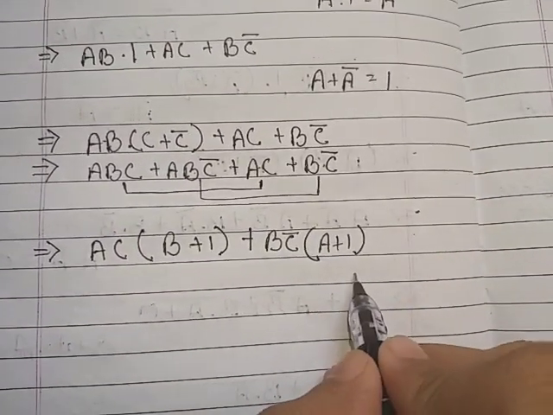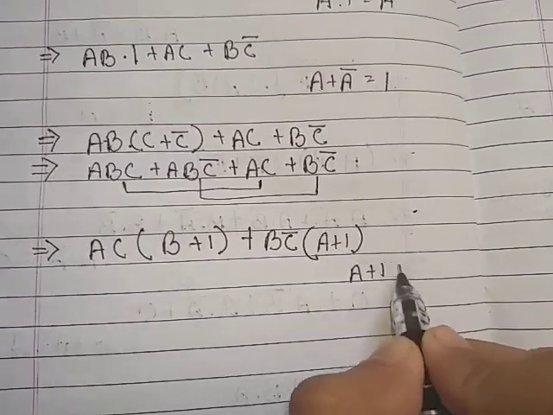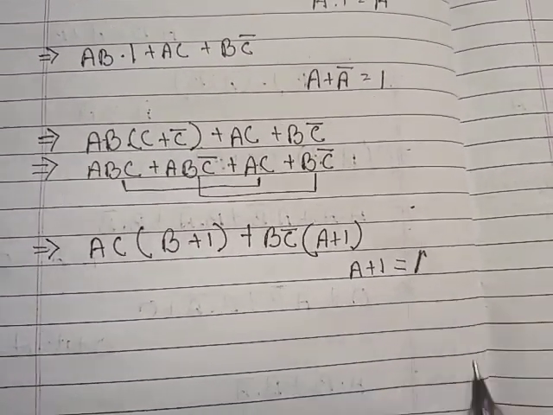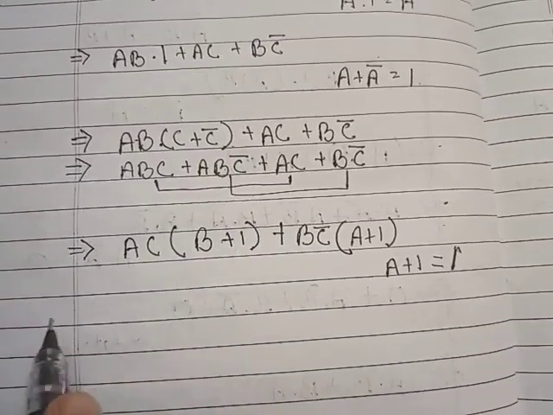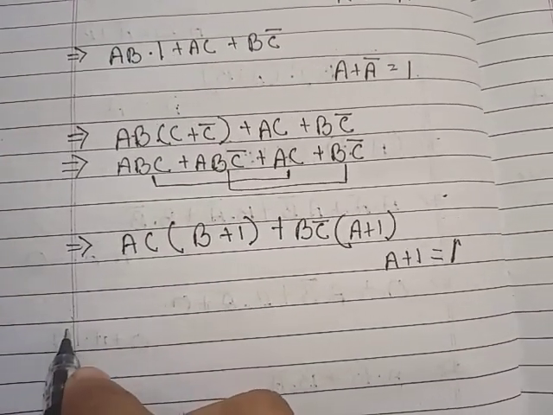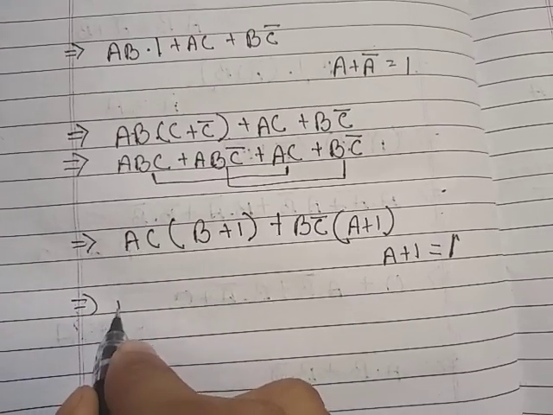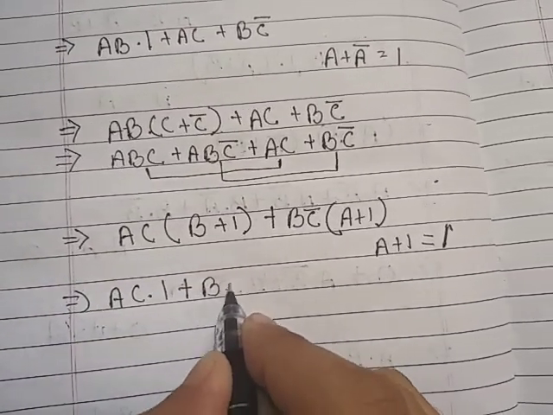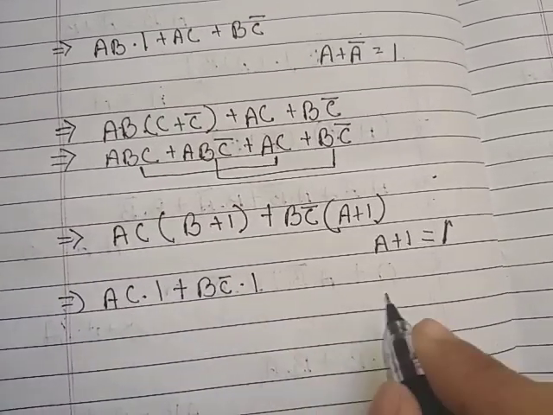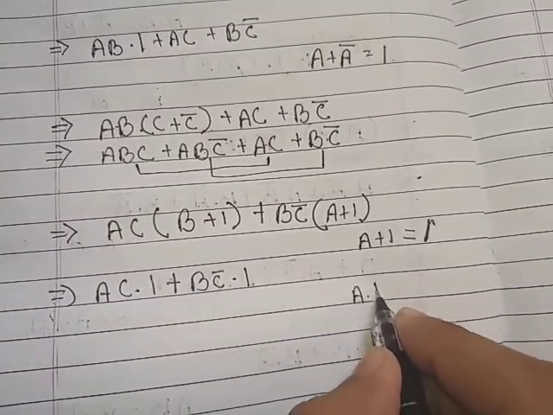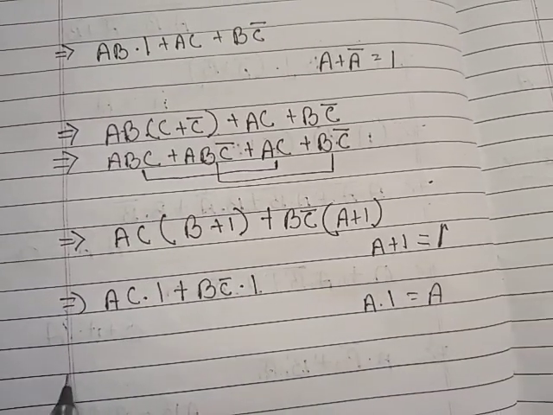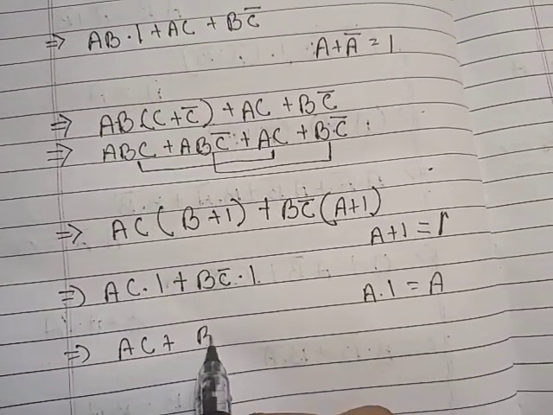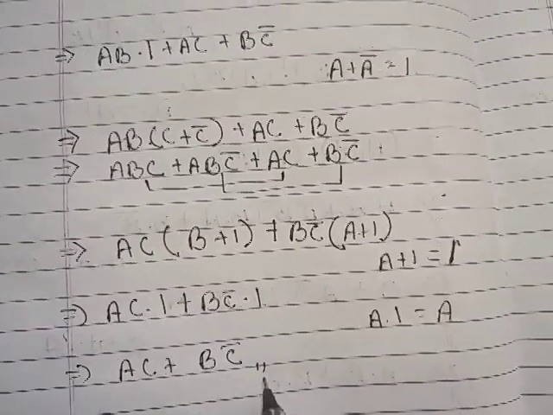and we know that A plus 1 or 1 plus A is equal to 1. So we have AC dot 1 plus BC bar dot 1, and we know that A dot 1 is equal to A. So we have AC plus BC bar.